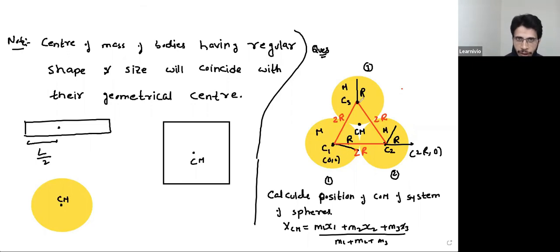Next, I need the coordinates of this point. The x coordinate of this point is R. The y coordinate, we just calculated it in the last numerical.